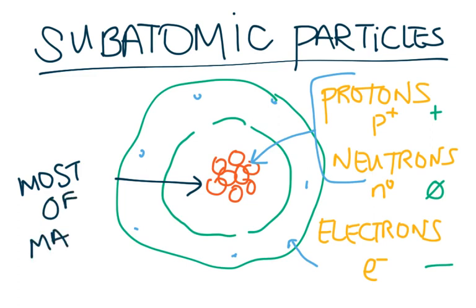When you look at relative mass, because actual numbers don't mean anything, an electron is 1/1840th of a proton or a neutron. Okay, that means an electron is 1,840 times smaller than either a proton or a neutron. That's in terms of mass.